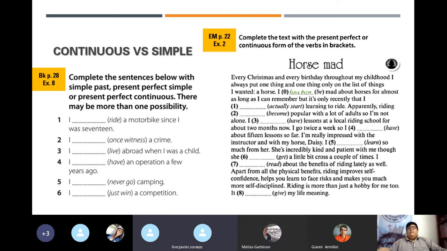Yes, I'm there. Okay, please complete the sentences below with simple past, present perfect simple, or present perfect continuous. There may be more than one possibility. Pay special attention to the three options: past simple, present perfect simple, or present perfect continuous, okay? In some cases, 2 options can be possible, but let's give it a try, okay?